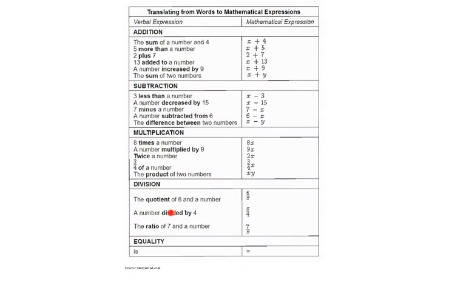Being able to pick out keywords that we can translate into operations or an equal sign will help us to be able to write equations to solve and be more successful in these problems. So for addition, we have sum, more than, plus, added to, and increased.